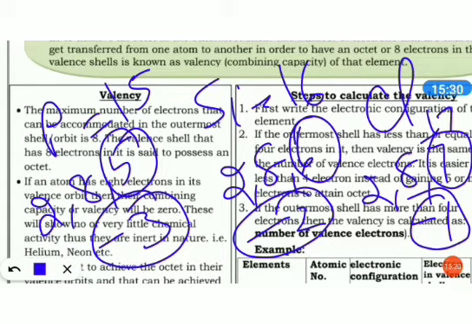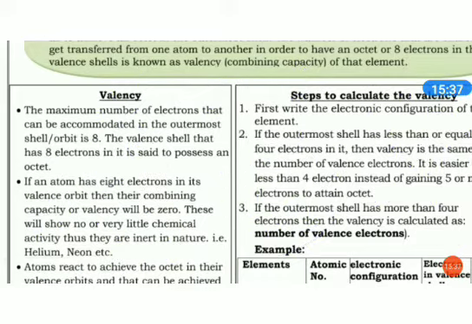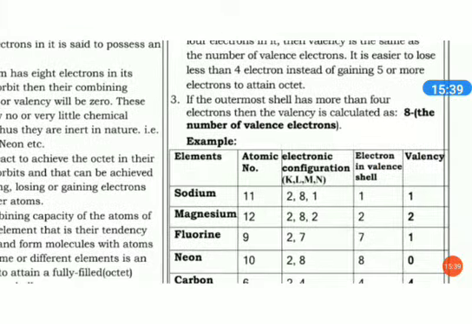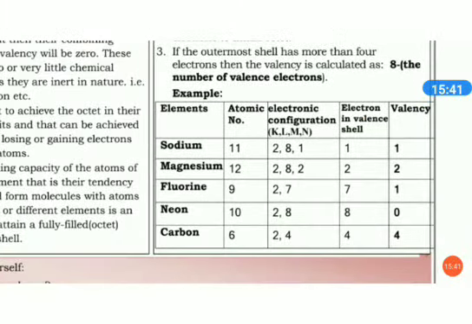Now let us see the steps to calculate the valency. You can also calculate in this way as I've just shown, and a few examples are also given. For example, sodium, atomic number 11, configuration 2,8,1. Valence shell has 1 electron in its outermost shell, so valency 1.